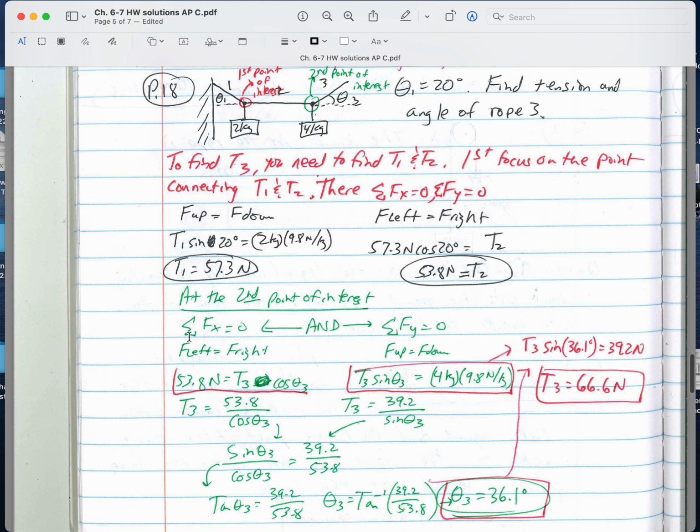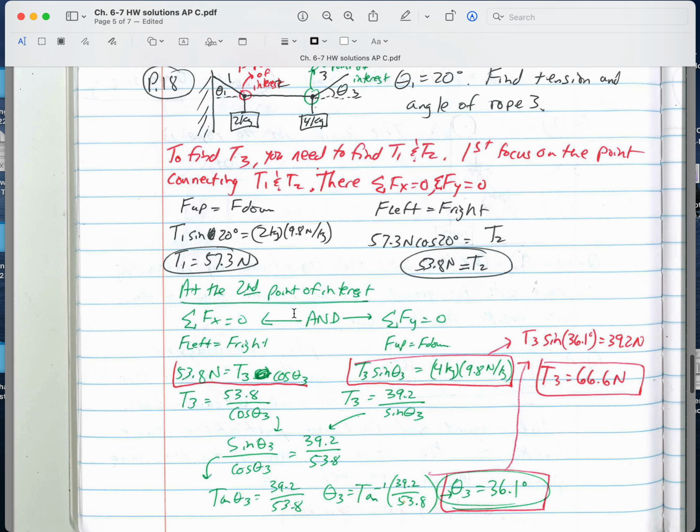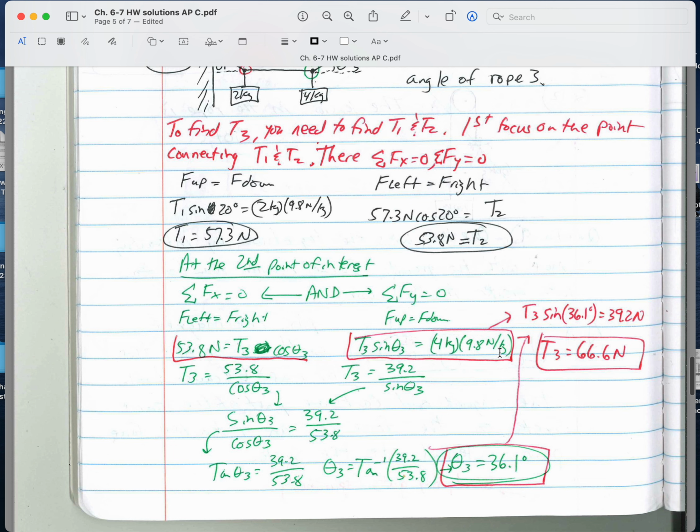When I look at this, the summation of the horizontal forces and the summation of vertical forces have both got to be 0. So I have force left equals T3 cosine theta 3, and force down is equal to T3 sine theta 3, which is pulling up. I can rearrange this and solve for T3 is equal to this, and T3 is equal to this.